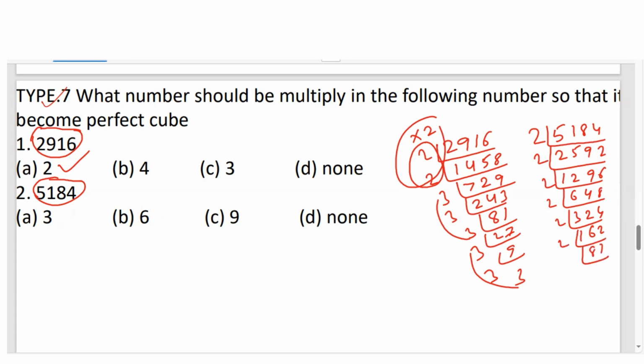Now you know 3 fours are 12, 81. So 27, 3 nines are 27 and 3. So this becomes a triplet, this becomes a triplet.